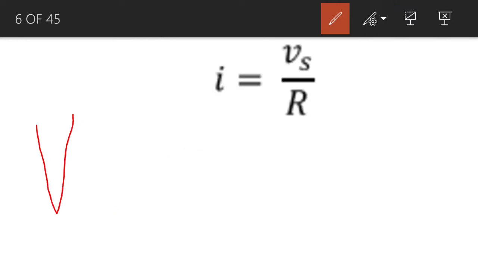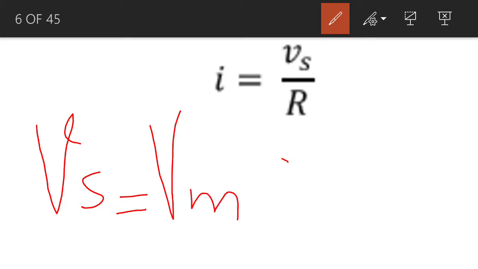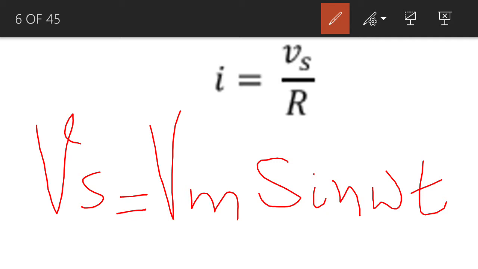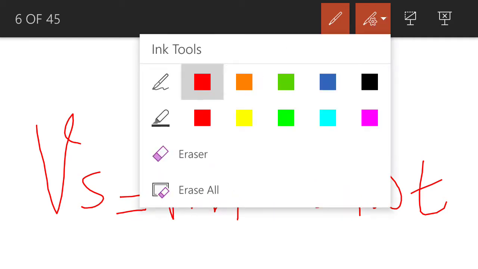We know that Vs is an AC voltage, and this voltage varies sinusoidally with respect to time. So here is the instantaneous equation for this AC voltage. So let us put this value in the equation for the current.